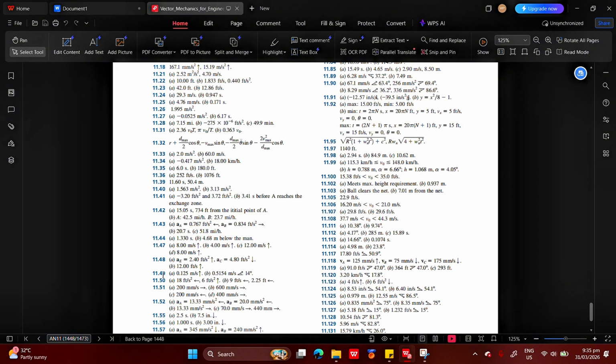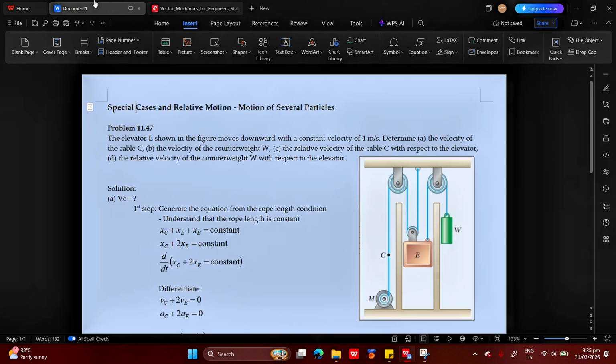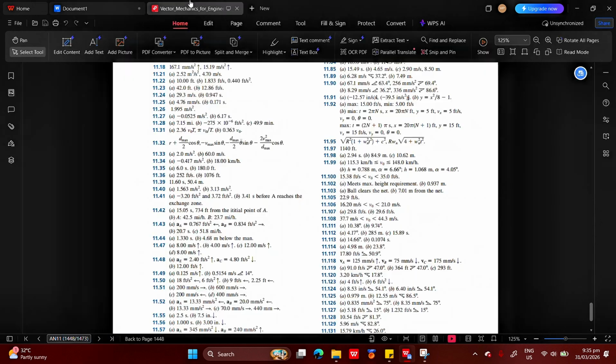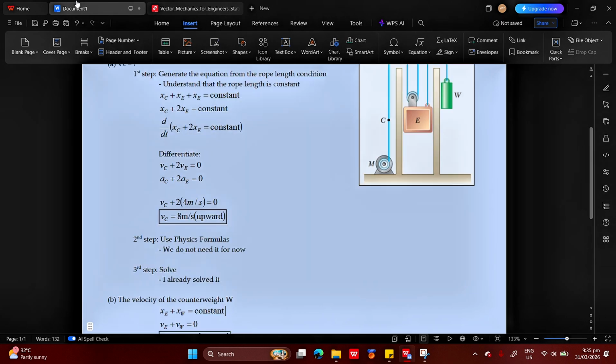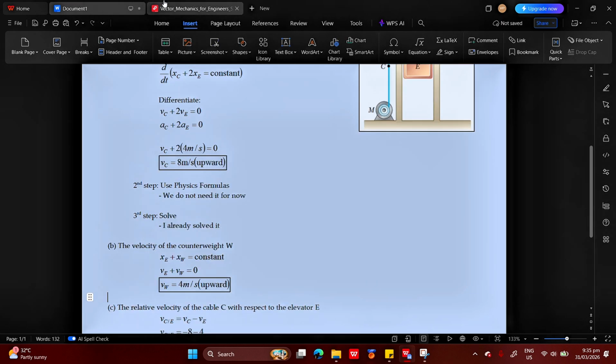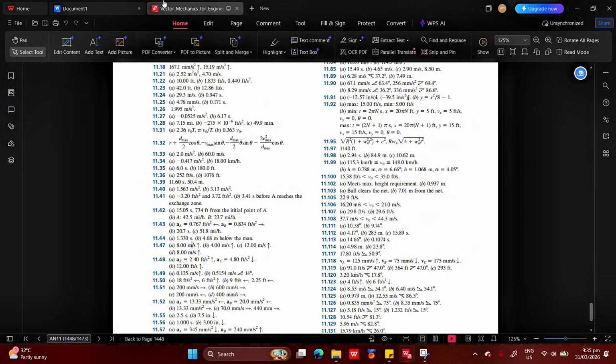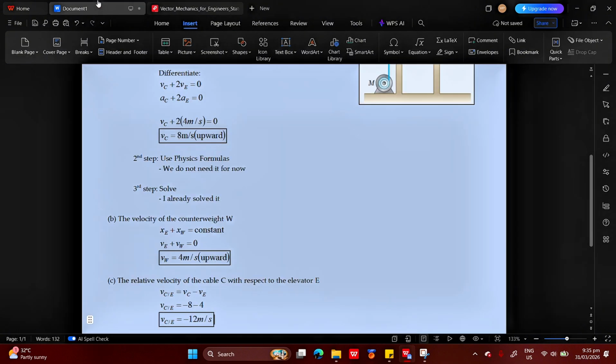As you can see, this is 1147. 8 meters upward, so our answer must be 8 meters upward. Yes, I'm correct. Next is 4 meters upward, then 12 meters upward. Okay. 4 meters upward, and another 12 meters.